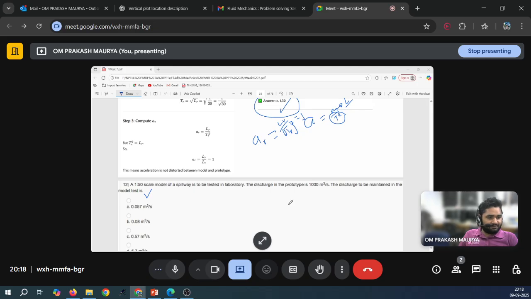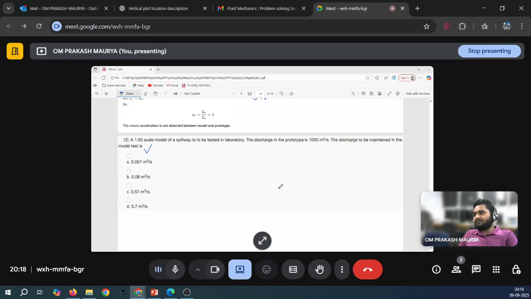Okay, I am recording. So question number 12: a 1:50 scale model of a spillway is to be tested in the laboratory. The discharge in the prototype is 1000 meter cube per second. What is the discharge to be maintained in the model test?